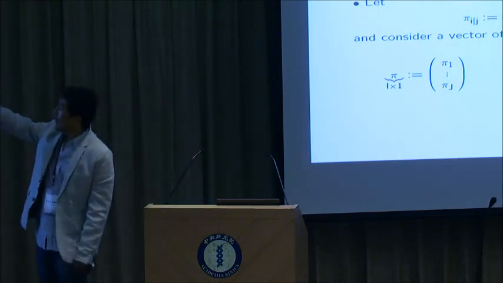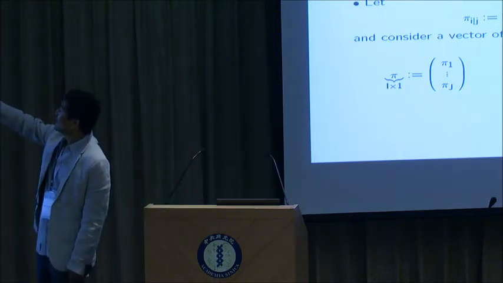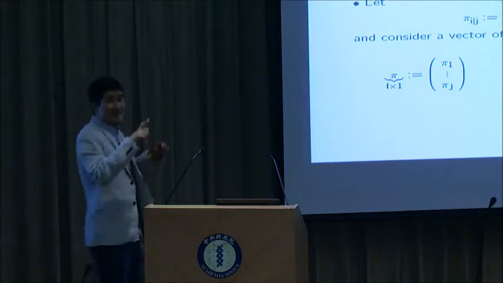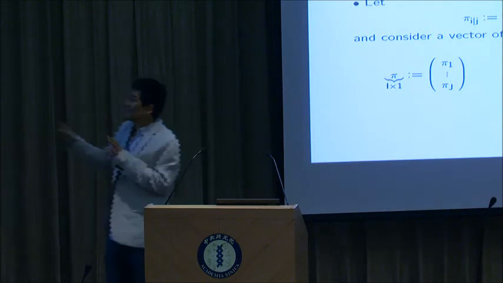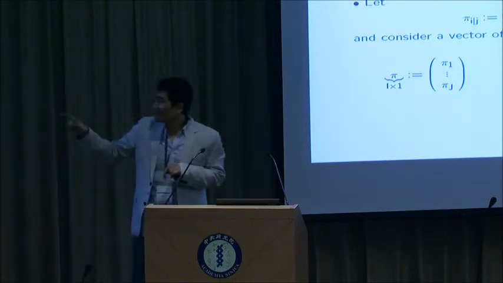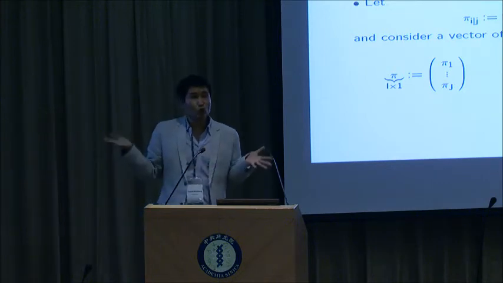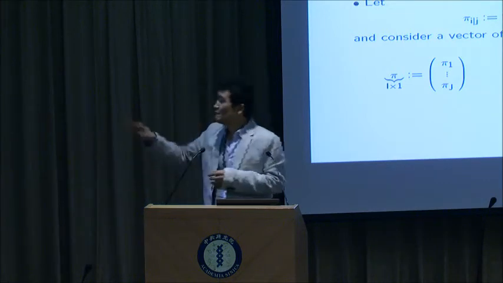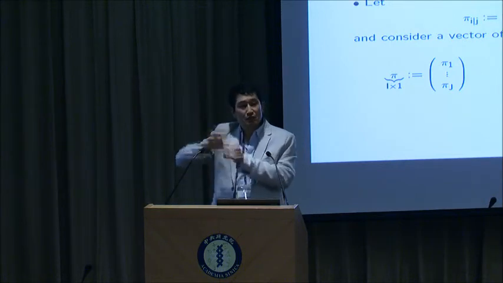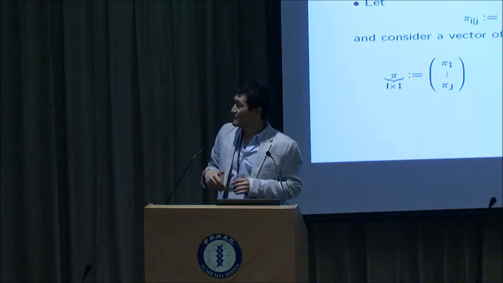The vector pi j right here is the choice probability. Each j refers to the color of the budget. So let's say small j is blue budget, and then pi sub j vector is just the choice probability on the blue budget.